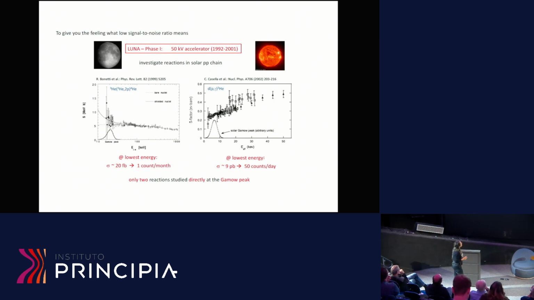They had this phase 1 lasting for 9 years, and in 9 years they have been able to measure only 2 reactions. This was amazing, just 2 reactions in 9 years. And the situation here is really challenging. For helium-3 plus helium-3 going into 2p plus helium-4, they measured 1 count per month.